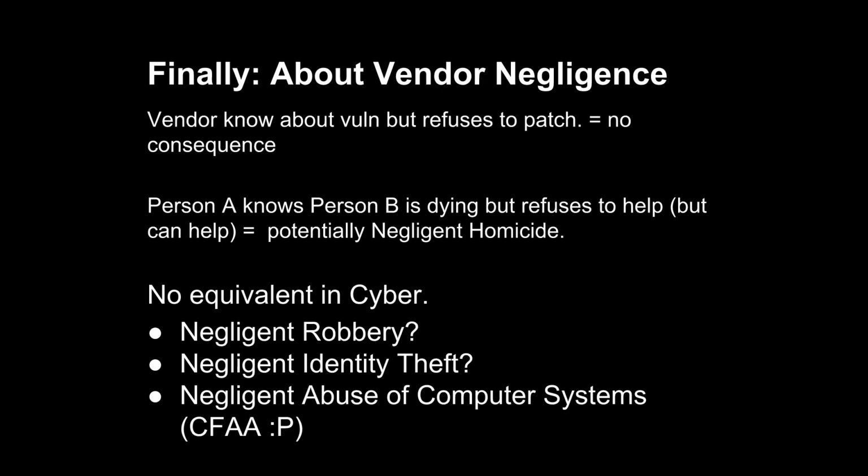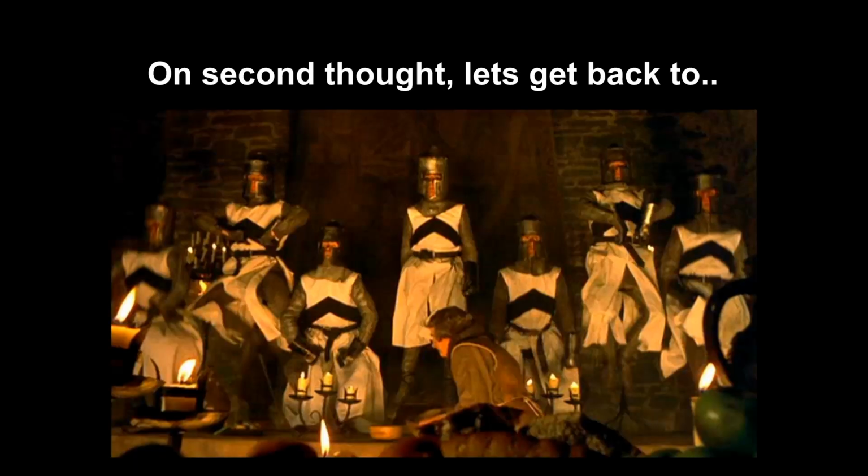Should there be some form of negligence there? Negligent robbery, negligent identity theft, negligent abuse of computer systems? Maybe sometime in the future we'll have some form of recourse for the victims of these crimes on the vendor side, at least in these terms. But enough about disclosure already.